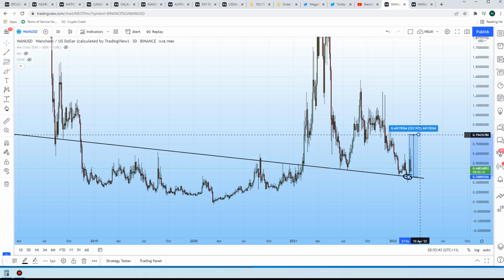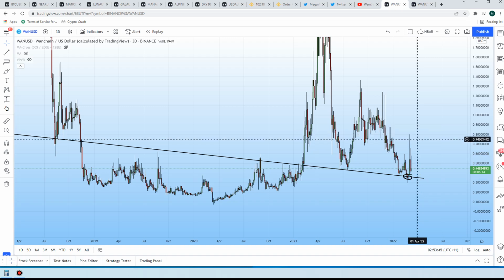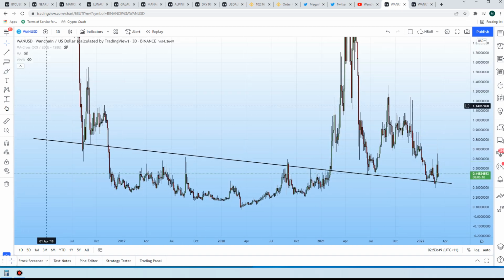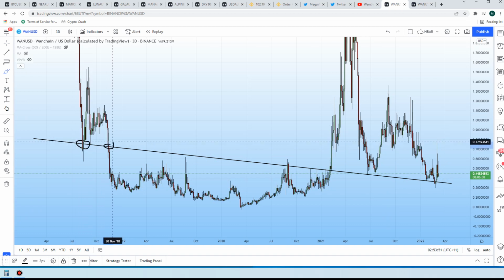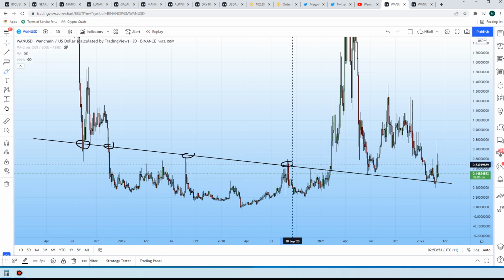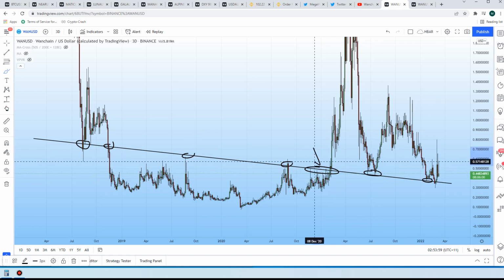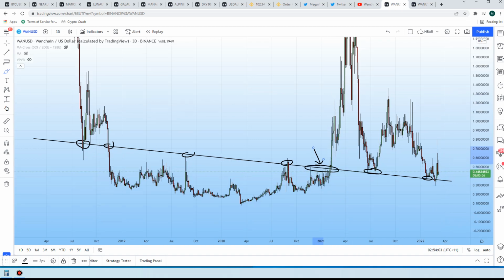So first and foremost, one of the main reasons why we bounced was obviously we retested this line. We can see we had a lot of support throughout the entirety of the chart basically on Wanchain. And if we notice a key point on this chart, which was this line here, I'll draw an arrow to it. This zone here was our trigger zone for our breakout.